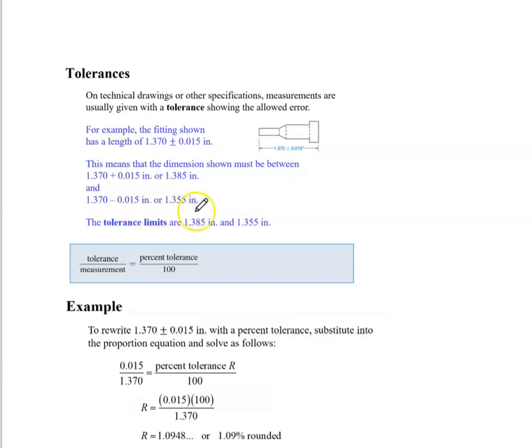Okay, so these are the tolerance limits. It needs to be between these two things, if we added 0.015 or if we subtract 0.015. And so we've got the tolerance over the measurement is equal to the percent tolerance over 100.